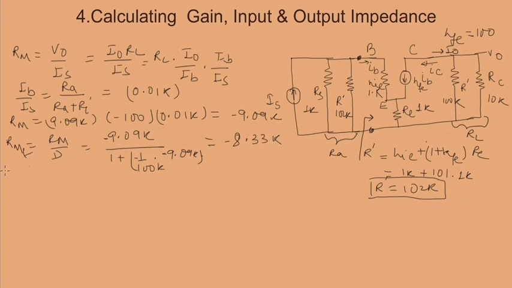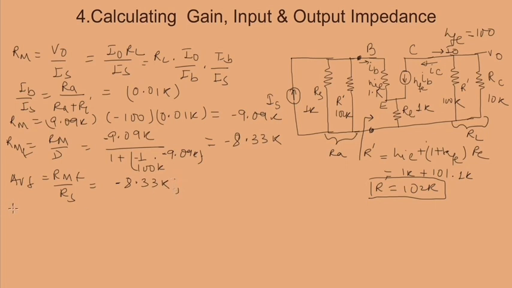We have calculated RMF. Then the calculation for AVF, as we have done it earlier, AVF is RMF by RS. As RS is 1K, AVF will also have the same value, 8.33.